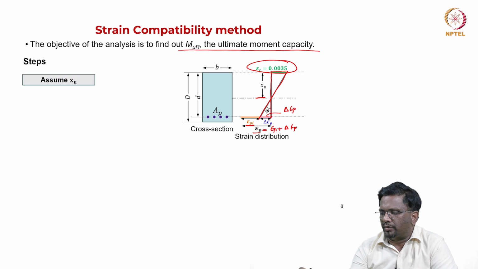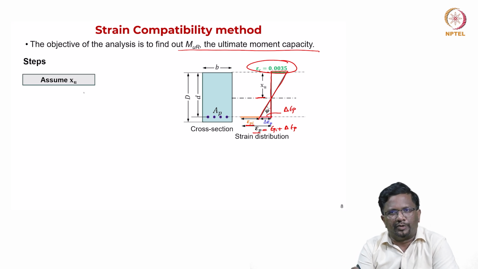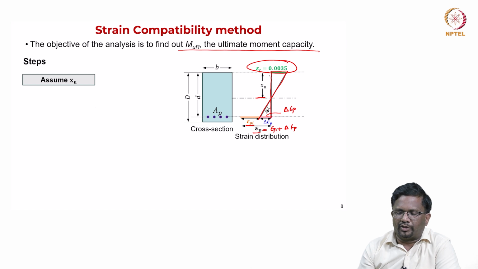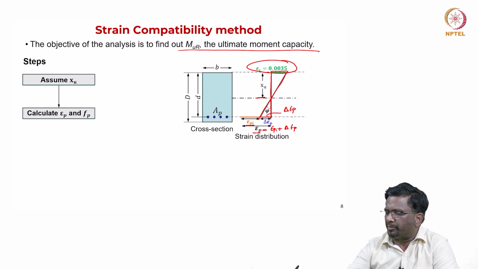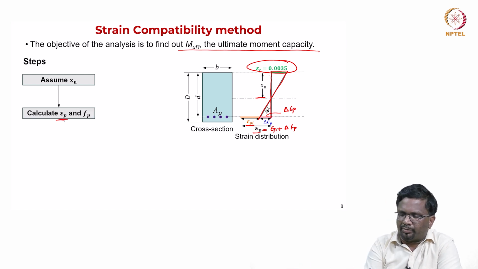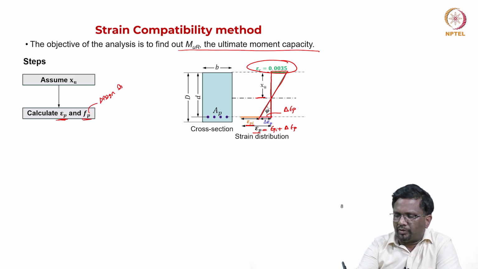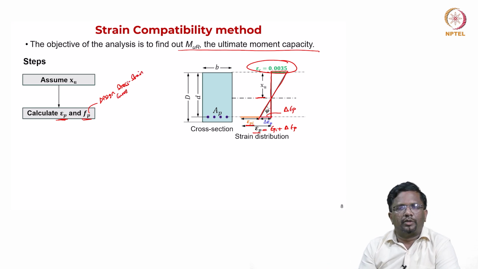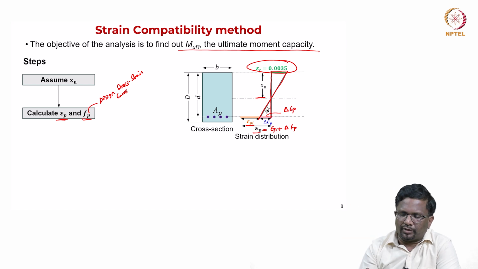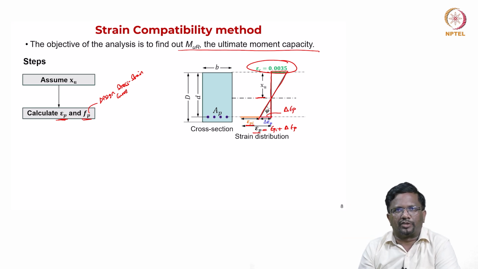To do that we have to start with something. So, we assume a value for XU as a first instance. Once XU is fixed, then I can calculate my delta epsilon p and my epsilon p. Then Fp we know from the design stress-strain curve of pre-stressing steel, right. Whichever range you are in, using that equation you are going to get the stress.